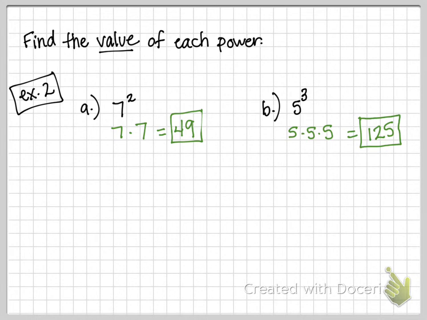Mia? Colin, what do you notice? It gets way bigger. Very good. Notice how much bigger, right? 5 to the third gets really big really fast. Even though it's a small number, exponents get really big really fast because we're multiplying one number by itself over and over again.